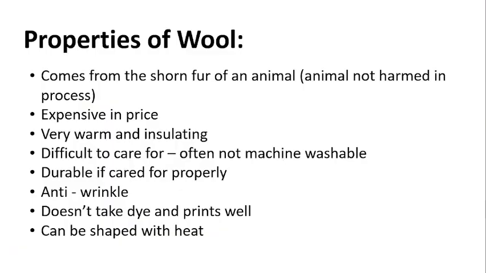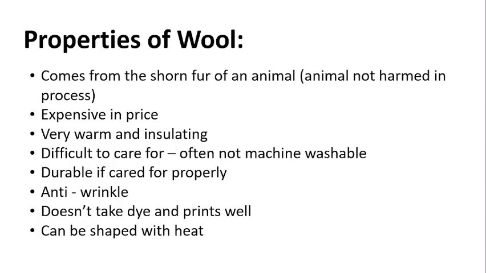Properties of wool. So again, it comes from the shorn fur of an animal in which the animal is not harmed in this process. In fact, many times it is beneficial to the animal to have their wool shorn. It's expensive. It's very warm and insulating. With the exception of fur, it is our most warm and most insulating textile material.